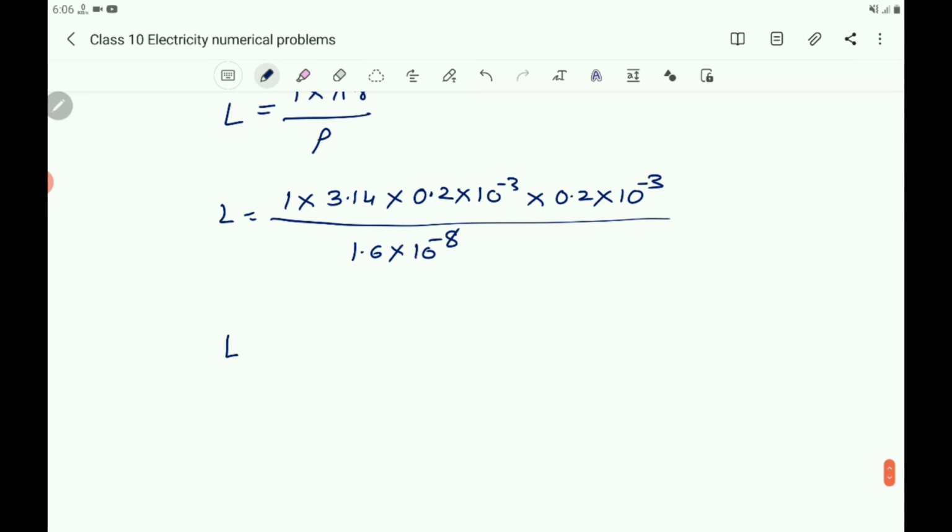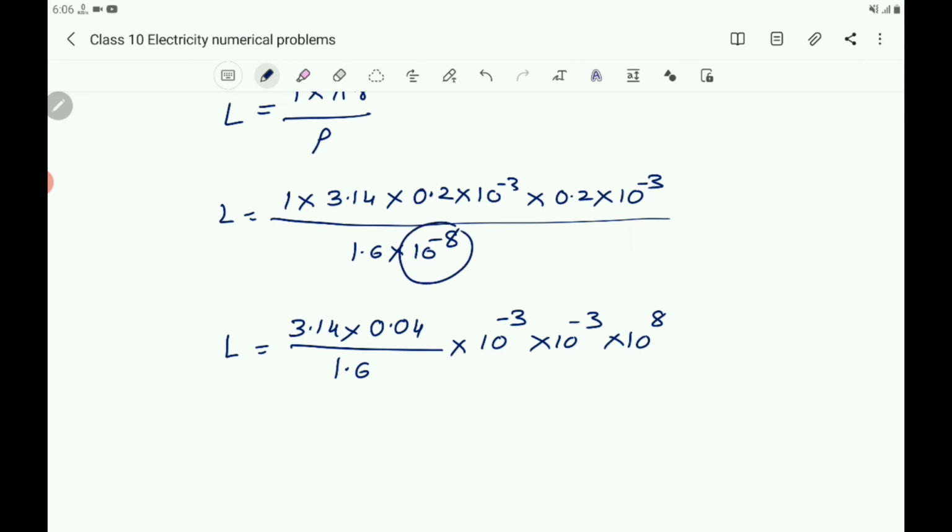Then L equals 1 into 3.14 into 0.2 into 0.2, that is 0.04, divided by 1.6 into 10 power minus 3 into 10 power minus 3 into 10 power 8.